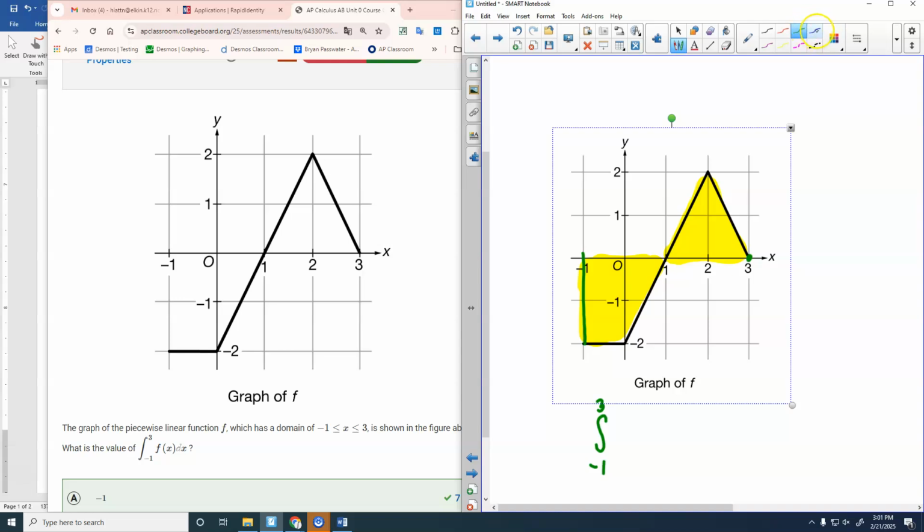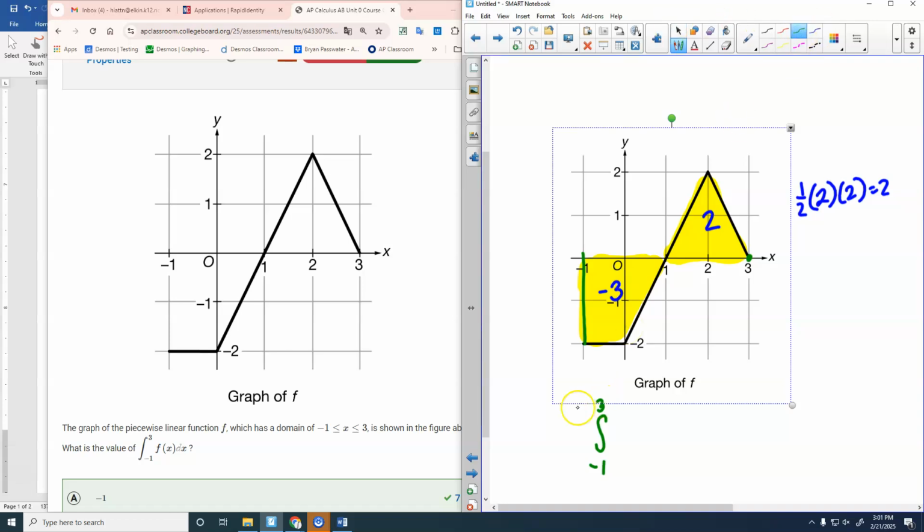But if something is below the x-axis, what do we know about its value? It's negative. Right here, this has an area of 3. You got 2 full blocks, and then that triangle is going to be another full block. So this part is -3. Over here, we would have 1/2 times the base, which is 2, times the height, which is 2. That gives us 2.